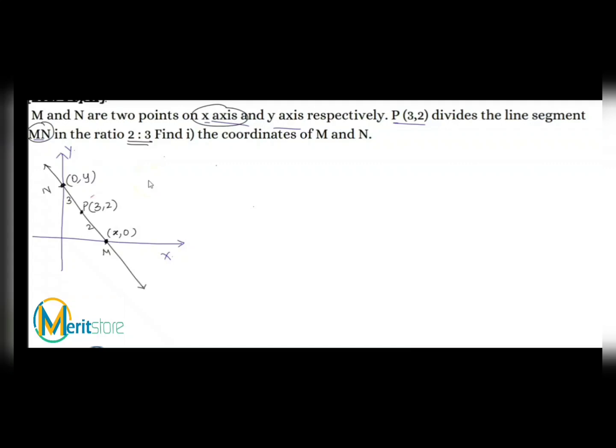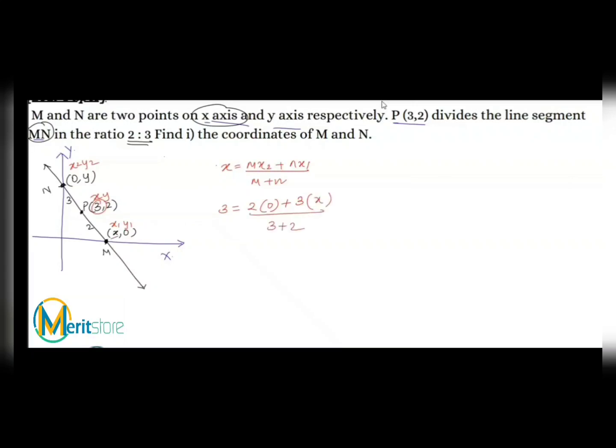Let's do for the x first. X is equal to m x2 plus n x1 upon m plus n. So your x is 3. So 3 is equal to m is 2. So 2 into 0 plus n is 3. So 3 and x1 is here x.